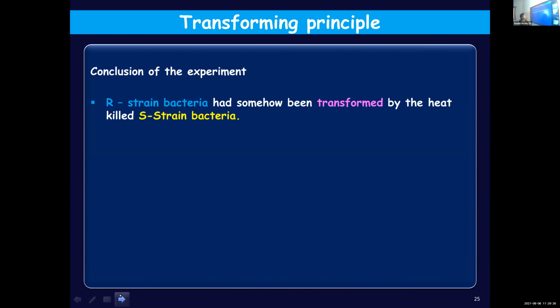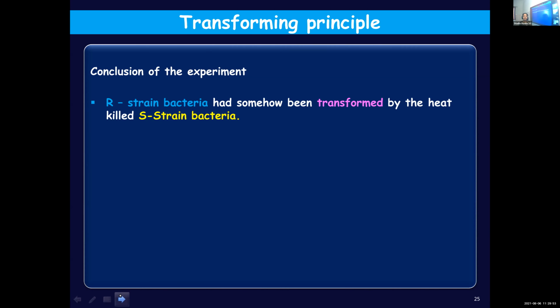Conclusion of the experiment. R strain bacteria, somehow it got transformed by the heat killed S strain bacteria. Only that can happen because what they injected was a mixture of living R strain and heat killed S strain. But they could obtain living S strain bacteria from the dead mice.